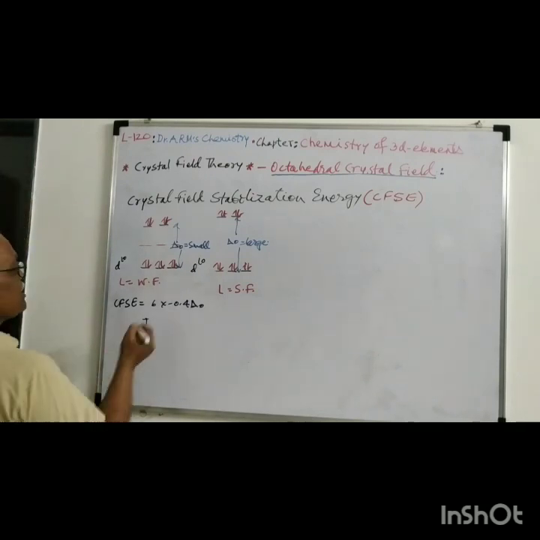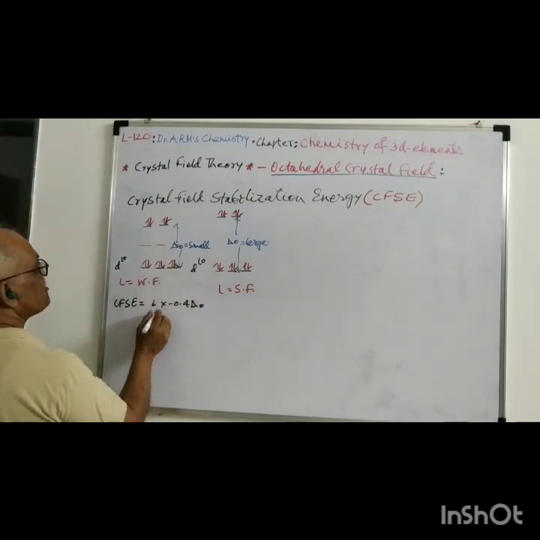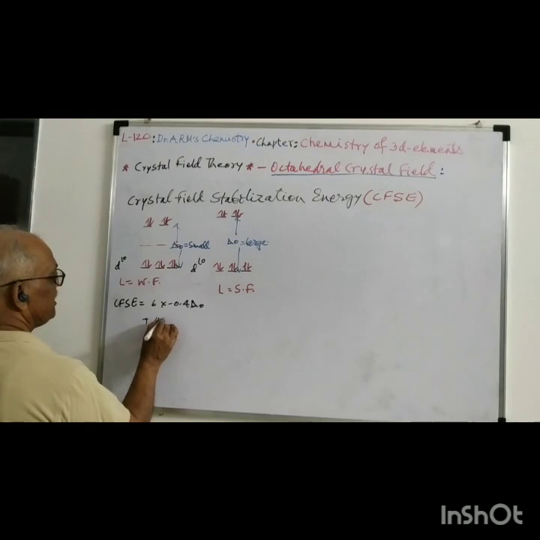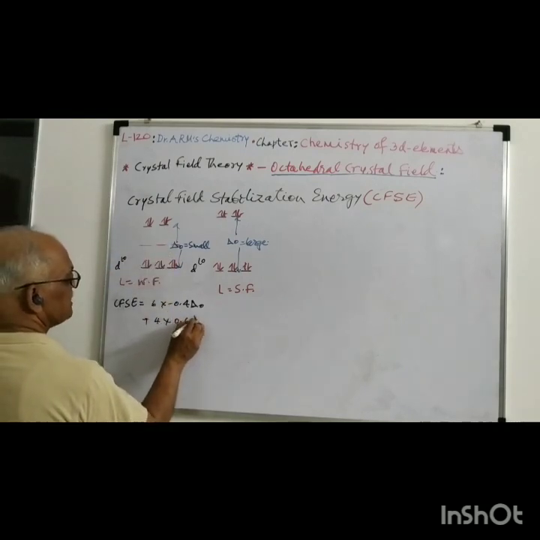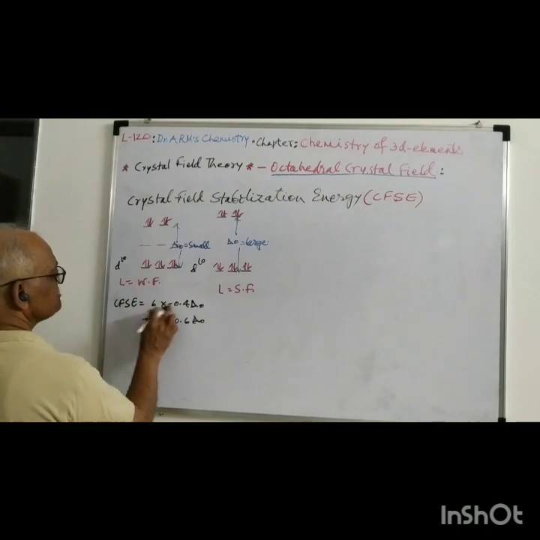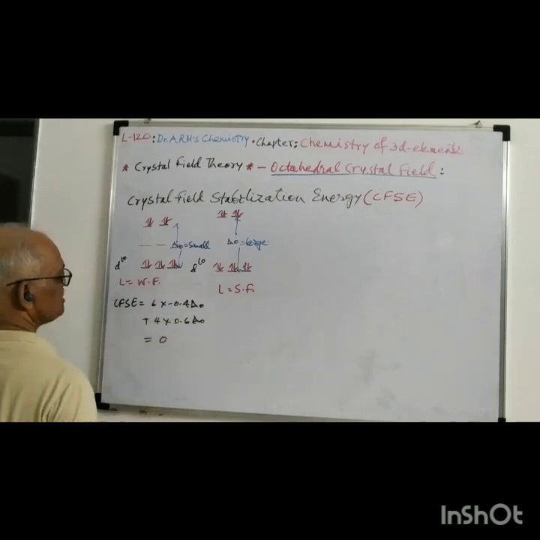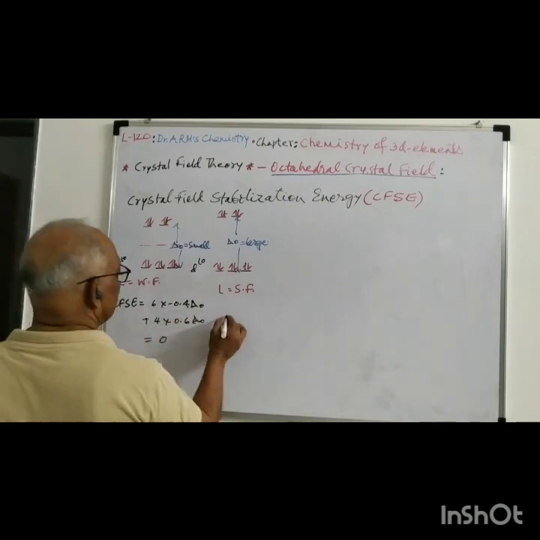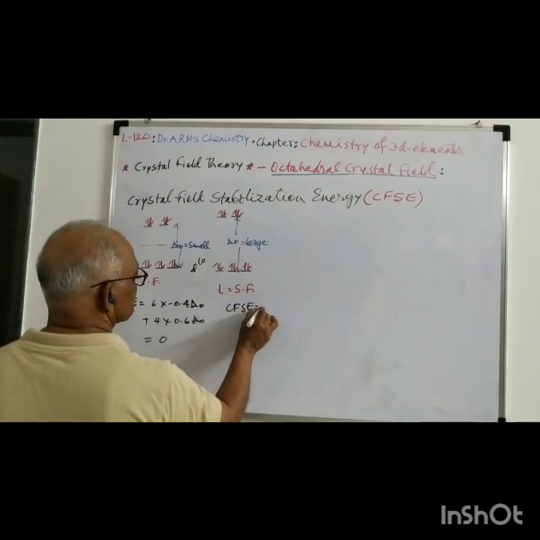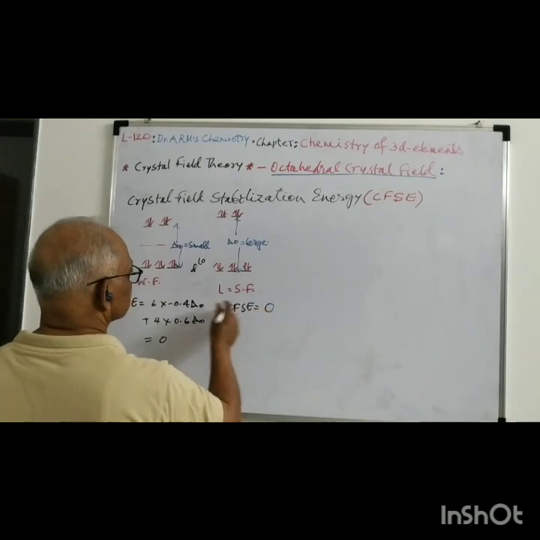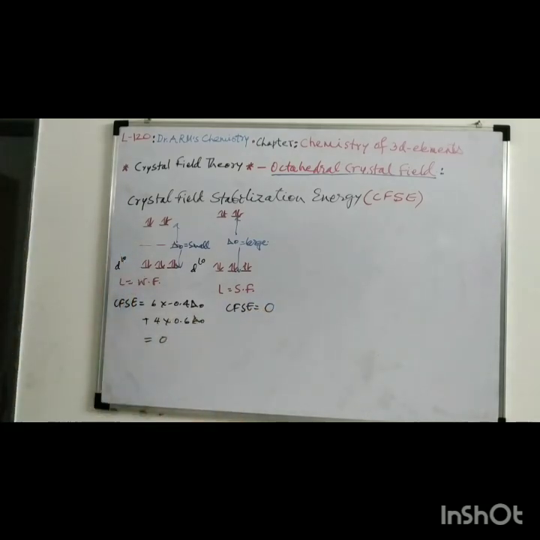Now we will have 6 into minus 0.4 plus 4 into 0.6 delta O. So you will find that the CFSE is 0, the same here, no change.